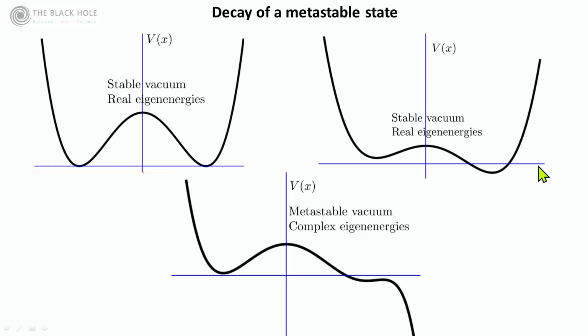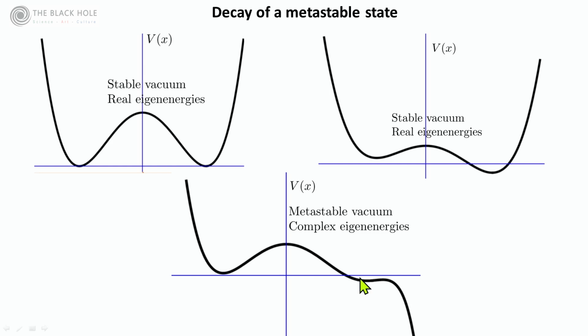But here is a metastable vacuum, and in this case, what will happen is, if you start with a particle over here, it'll tunnel across to maybe this vacuum here. It is a kind of vacuum.